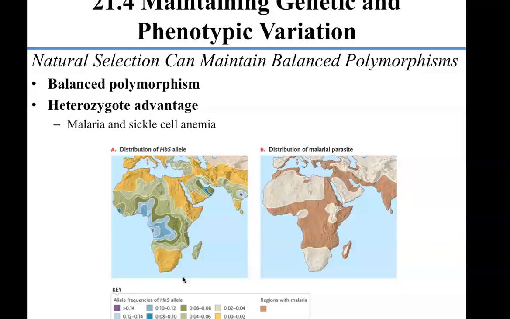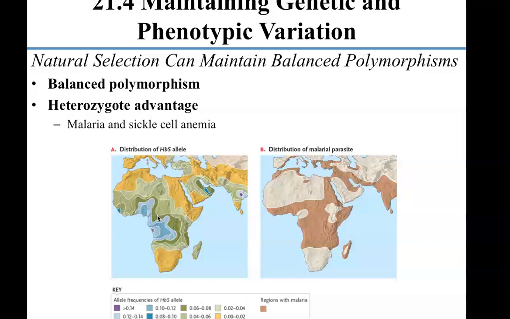And so in places, I'm cutting a lot of corners here, where there's a high incidence of malarial parasites, which you can see in the map here, that happens to be areas where, if you look at the DNA of those human populations, you have higher frequencies of the heterozygote genotype. Right?